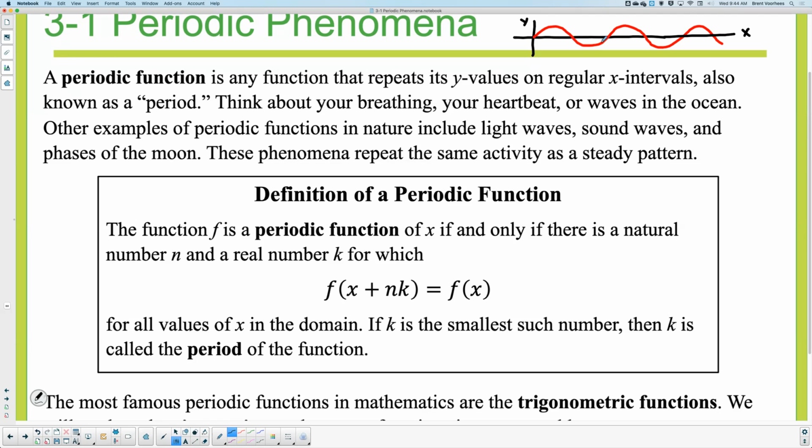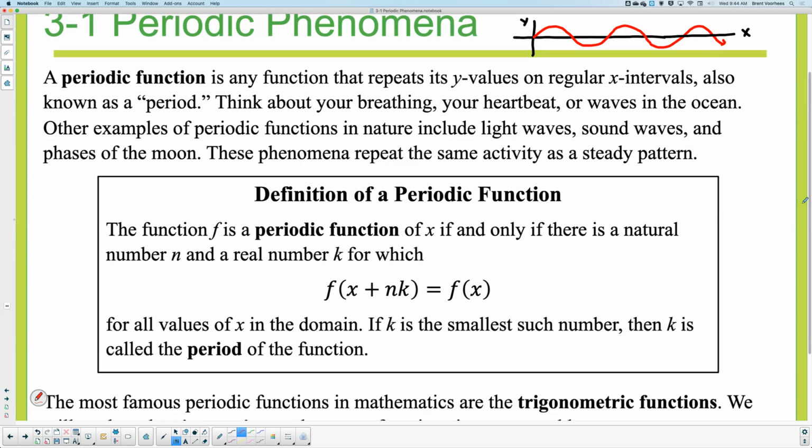So most graphs are going to look like waves, like that. They don't have to be waves, but most of them will be. Notice the y values are repeating. This gets as high as this point, it gets as low as this point, and they repeat. It goes up, it goes down, it goes up, it goes down. Does that make sense? That's periodic. When you hear me say periodic, that's what we're talking about.